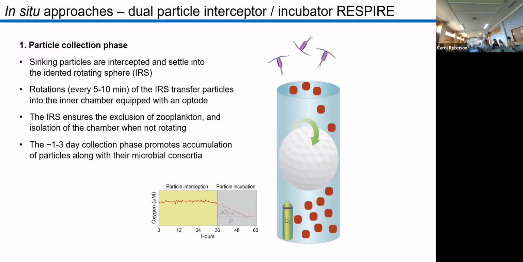So usually we collect particles for 1 to 3 days. The objective is to accumulate, pre-concentrate particles inside this incubation chamber. We do that to be sure that we measure a signal in terms of oxygen consumption during the incubation phase.